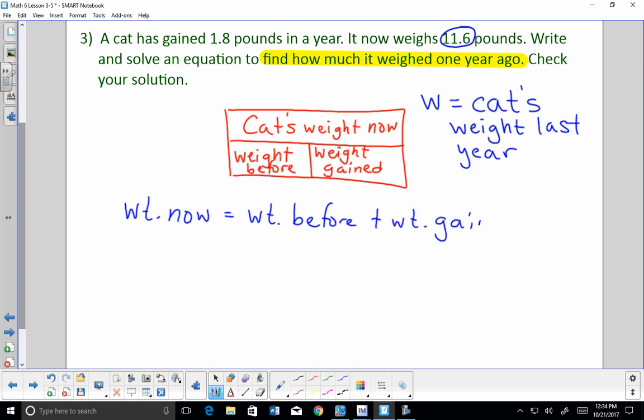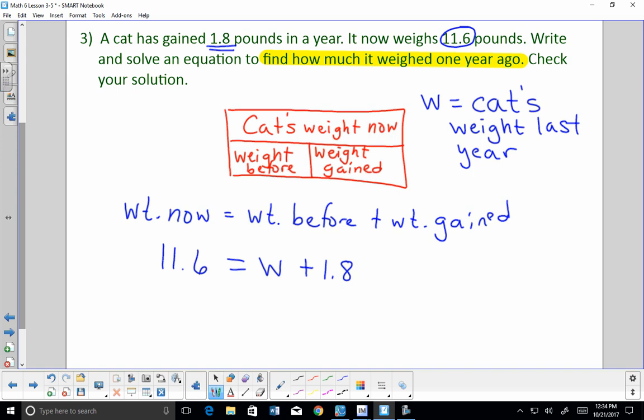So the weight now is 11.6 pounds. That needs to equal the cat's weight before, which is W, that's what I defined it as, plus how much weight it has gained, which was 1.8 pounds. So there's my equation. 11.6 equals W plus 1.8.